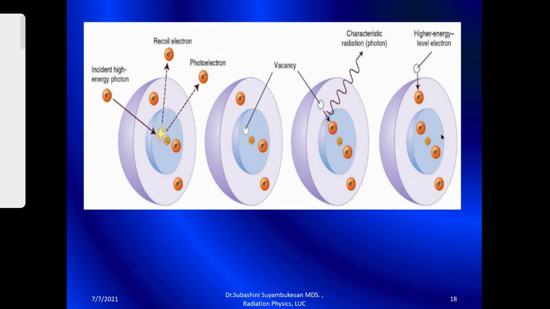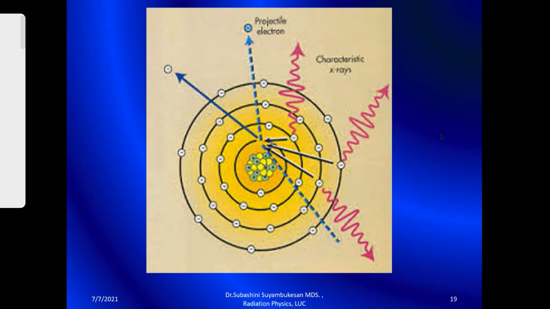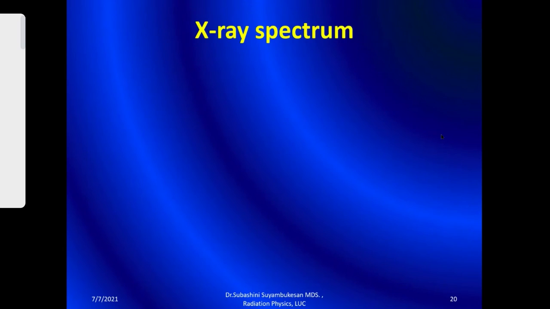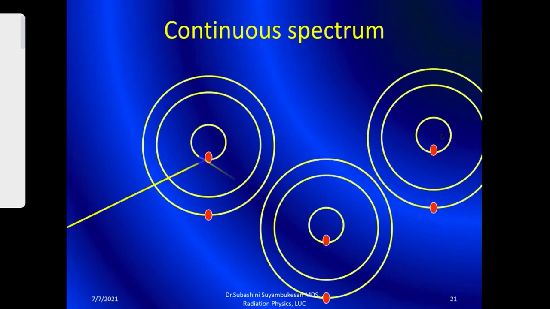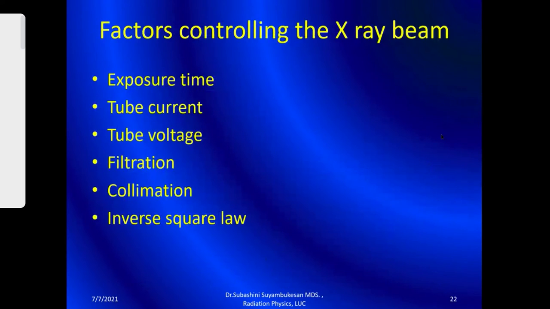Okay, clear? So what happens when the electron is being knocked out? An electron from the outer shell goes and fills up that lacuna. So the difference in energy is released as an X-ray photon of that shell. That's why it is called characteristic. Okay, so you have different energy coming out. So this is a continuous process.